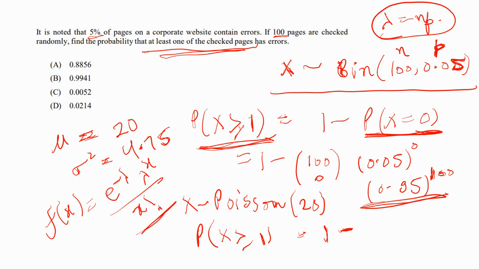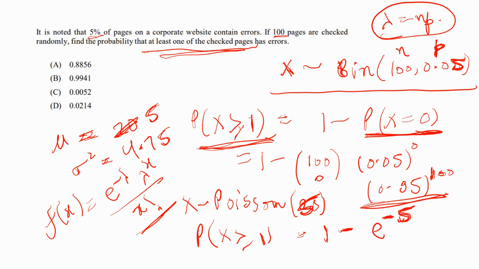Here x is 0, so x factorial is 1 and lambda to the power 0 is 1, and e to the power minus lambda is all we have left. 100 times 0.05 will be 5. So lambda will be 5, and it will be e to the power minus 5.